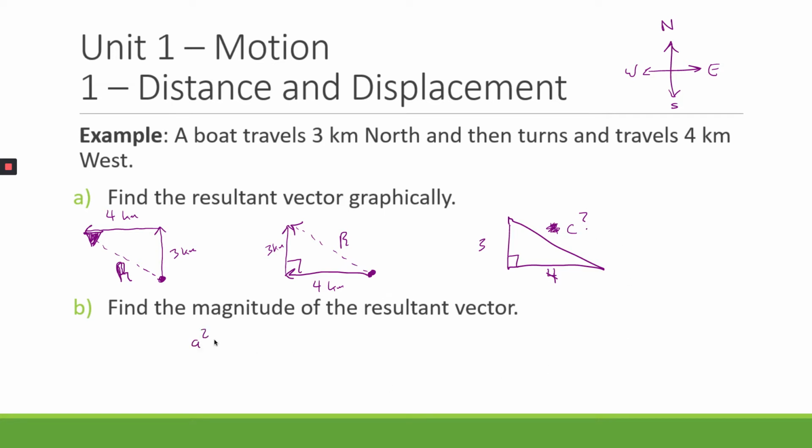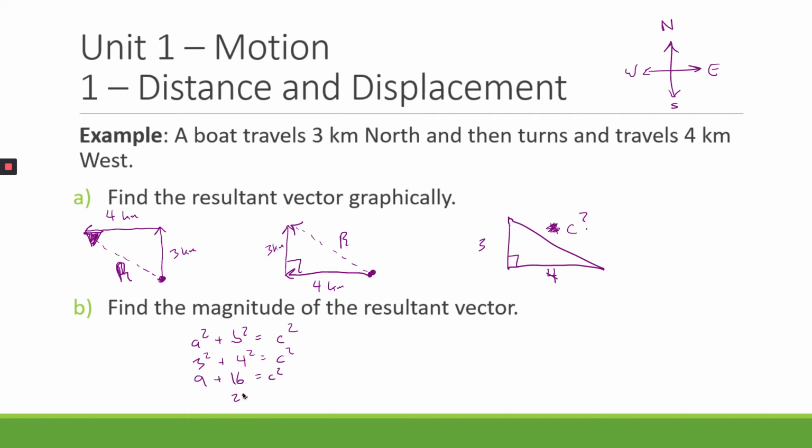So you do a squared plus b squared equals c squared. So a and b are the two legs of your triangle, right? So 3 kilometers and 4 kilometers, doesn't matter which one's which. So 3 squared plus 4 squared equals c squared, which is what we're looking for, the magnitude of that outer part of your triangle. So 3 squared is 9, 4 squared is 16.